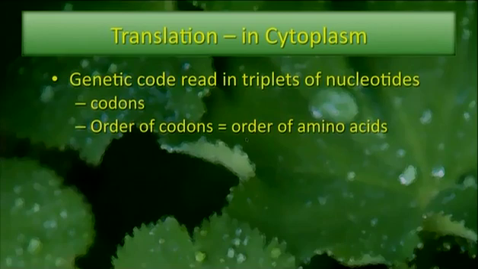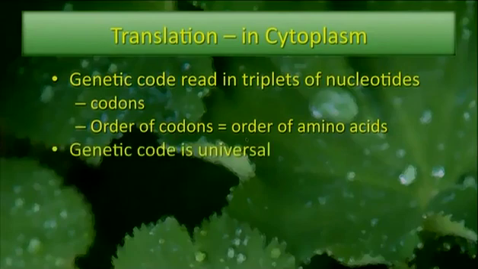That's why they say that the genetic code is redundant, but it's not ambiguous. Furthermore, the genetic code is universal. The same code is used in bacteria, in protists, in fungi, in animals, and in plants. Except for very few exceptions, the genetic code is universal.